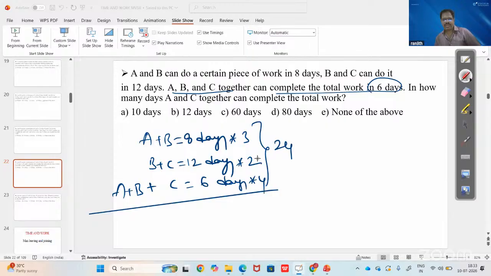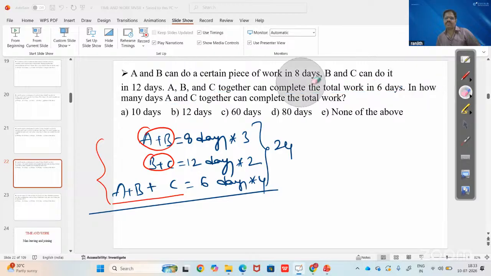So now what we need to find out is in how many days A and C together can complete the work. These are the values A and B, B and C, and A plus B plus C. From these we need to get A and C. Just look here. A is one time, B is two times.